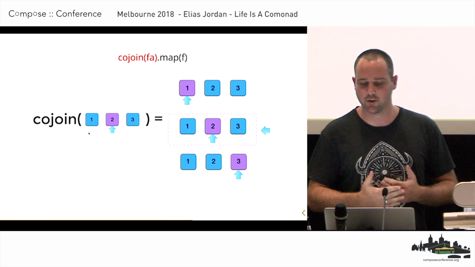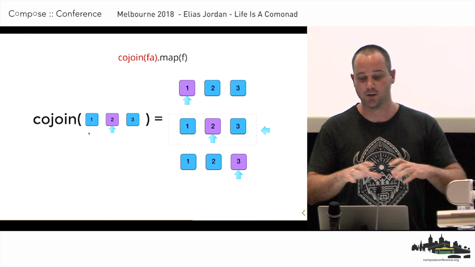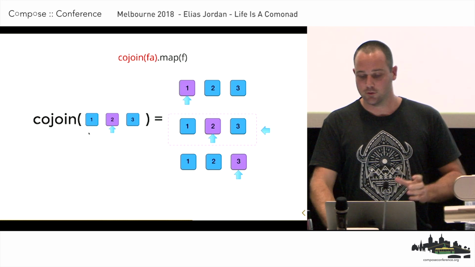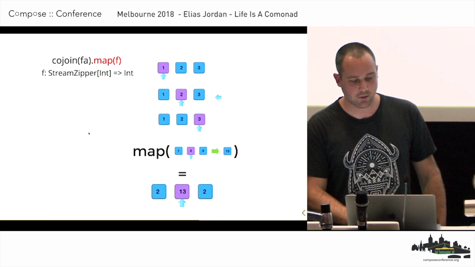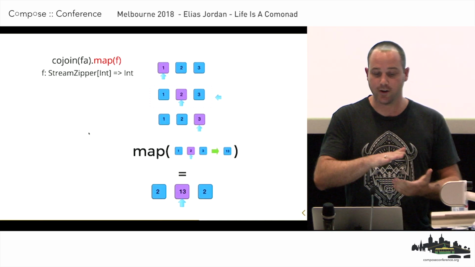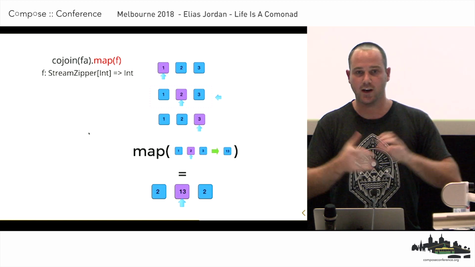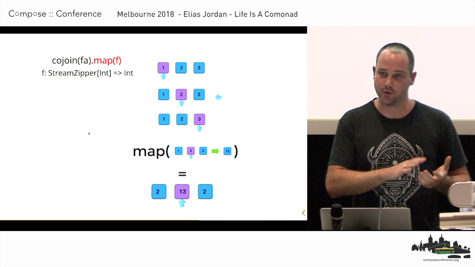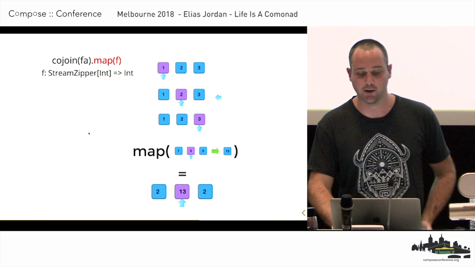We've seen this diagram before. This was the same one we looked at before, where we co-joined a zipper, and duplicated it out based on every element within the data structure, and then our derivation applied map to that. By applying our local computation at each one of the duplicates, we can do some computation relative to the focus and replace that value with the new value we've calculated.